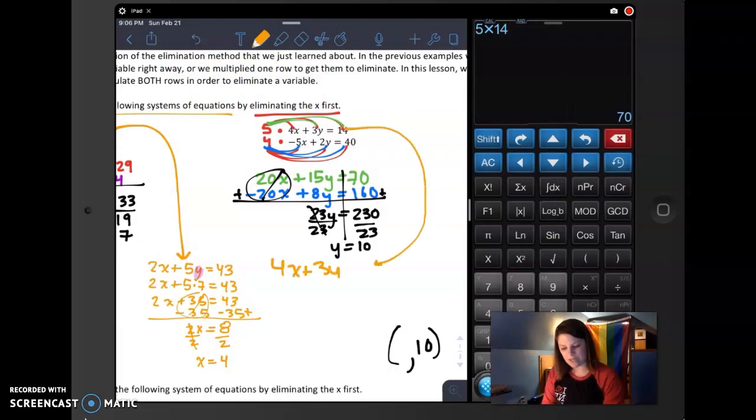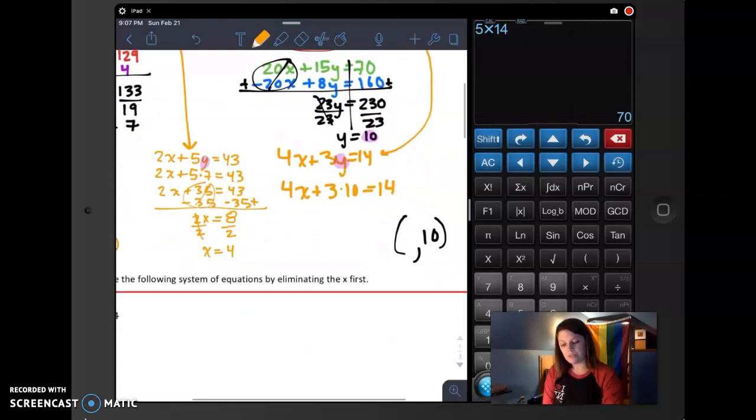and we need to use that to come grab this first equation, 4x plus 3y equals 14. And we use this for our y in order to solve for our x. So we have 4x plus 3 times 10 equals 14. You always multiply before you start solving. That's something that we've seen a few times in a few different situations.